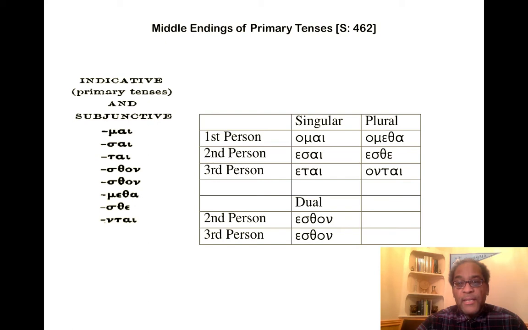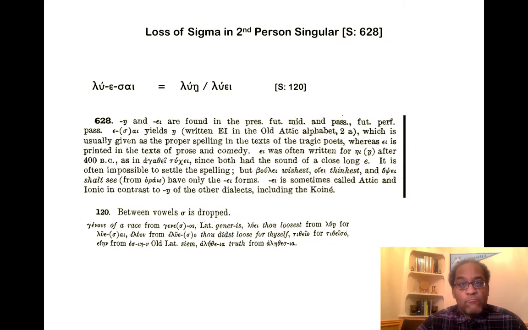And we will see soon in the second person singular, you have a phonetic effect that occurs with the disappearance of sigma. So, the loss of sigma in the second person singular. This is treated at Smyth 628 in detail.